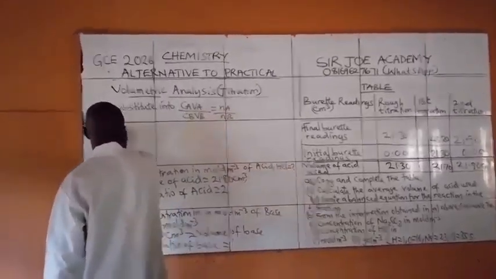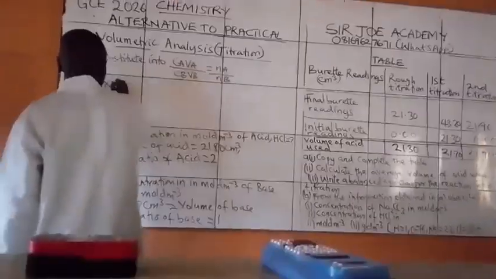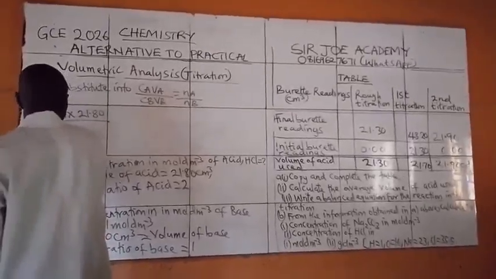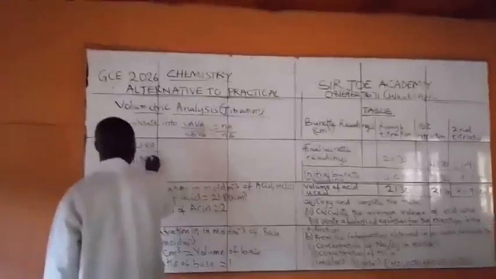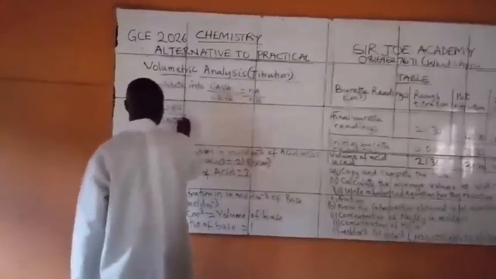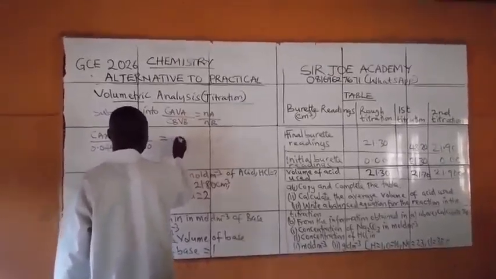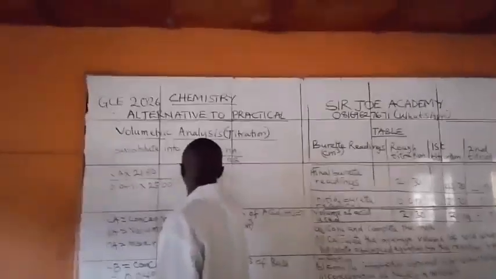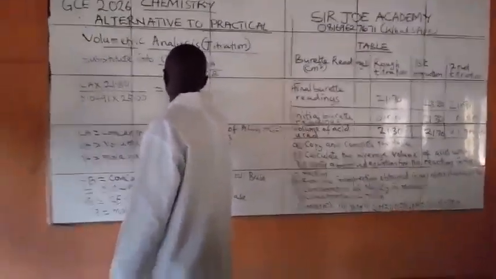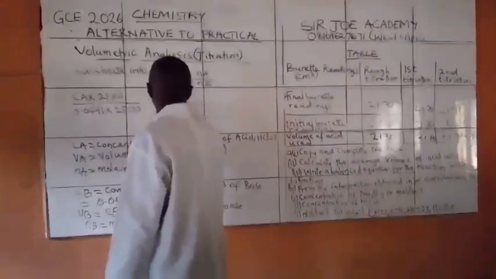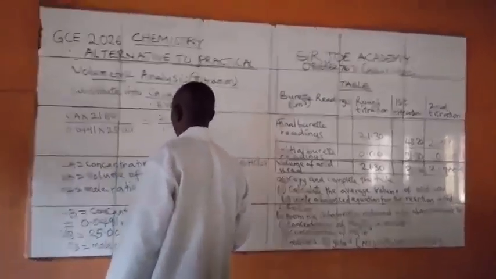So we have CA, which is to be calculated, VA is 21.80, divided by CB, which is 0.0491, multiplied by VB, volume of base, which is 25.00, equals to NA, which is mole ratio of acid, which is equal to 2, divided by NB, mole ratio of base, which is equal to 1.